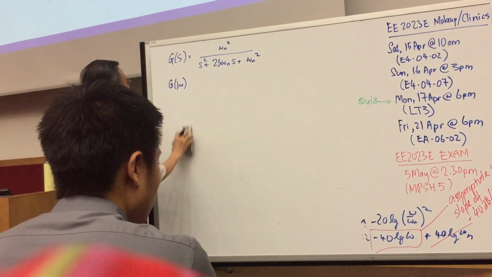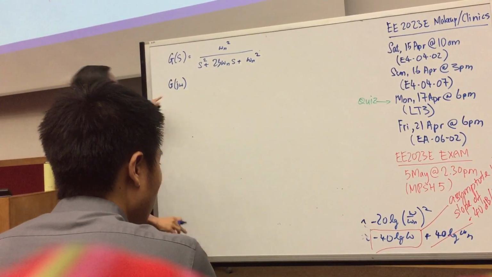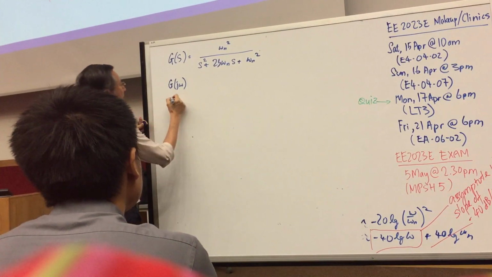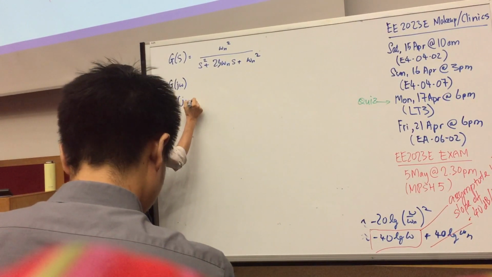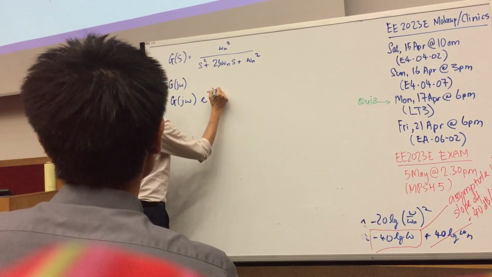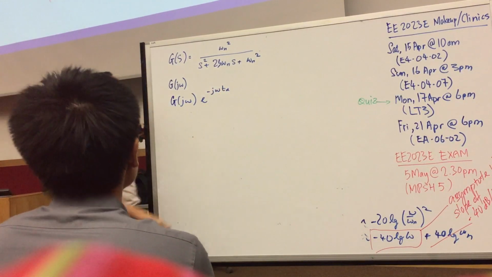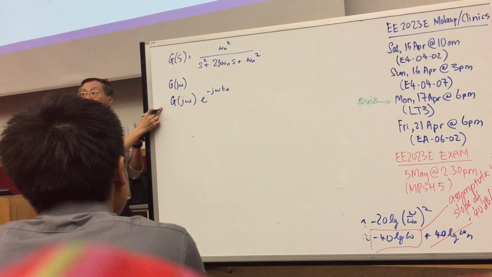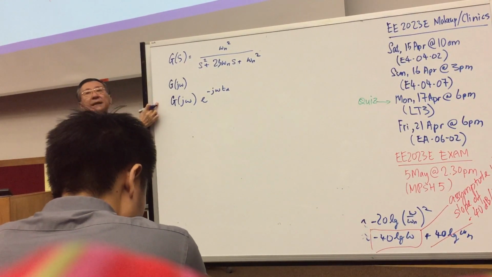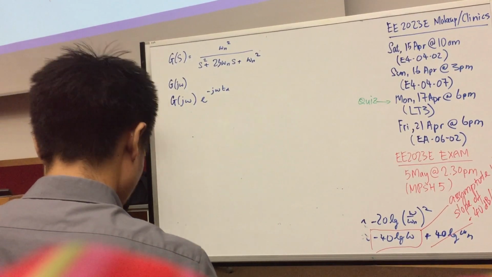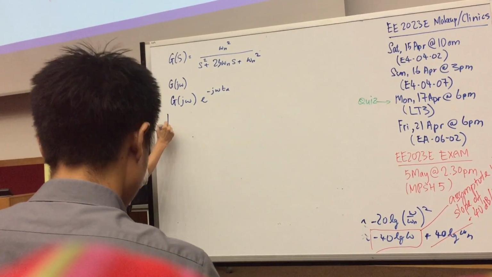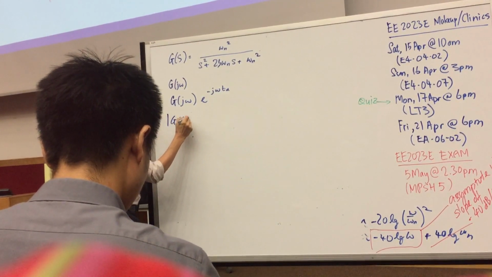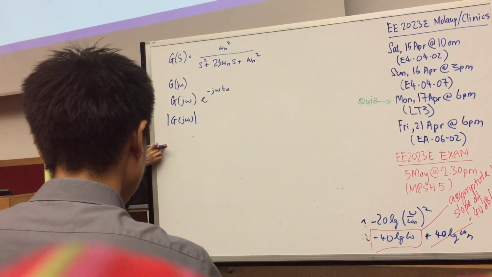So originally you have this G of j omega. Now when you have delay, you will have this. This is no delay, this is delay. So if I do magnitude, this is no delay.